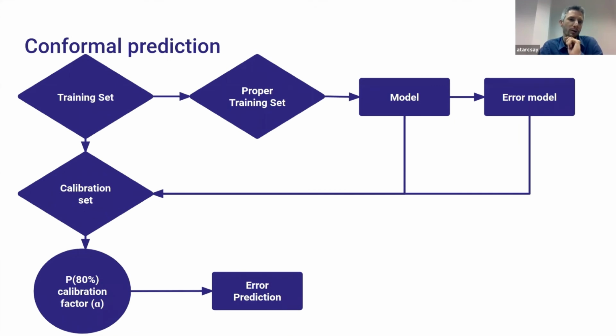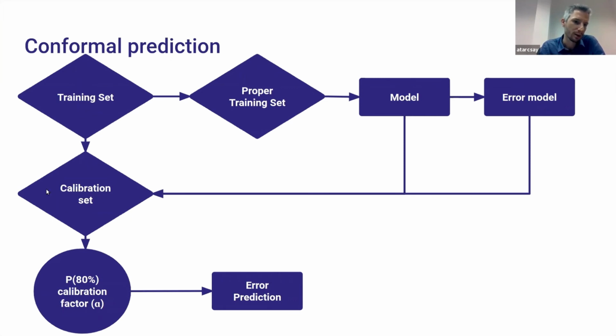And there is a third method that's called conformal prediction, not to be mixed up with, it's nothing to do with 3D conformation. You split the training set into a proper training set, you build a model on it, you calculate the residuals, the errors, and you build a model on the errors themselves.